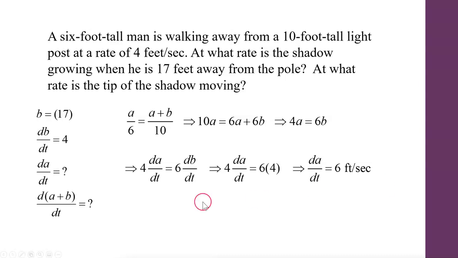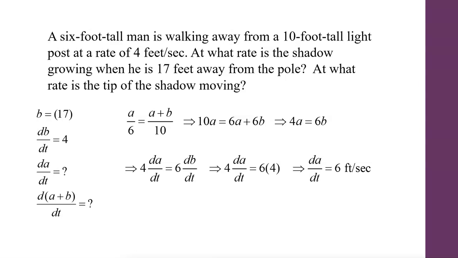Next, we're going to have to find the rate of change of A plus B, right? And so this is a summation of two functions. I'm taking the derivative here, and the derivative over the sum, one of the properties is that I can distribute that in a way.